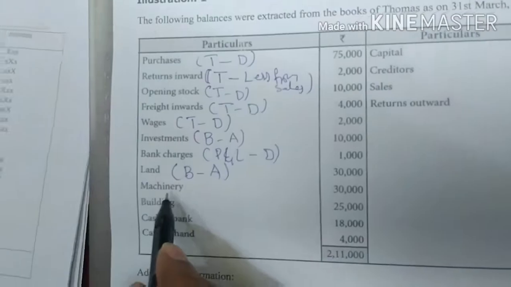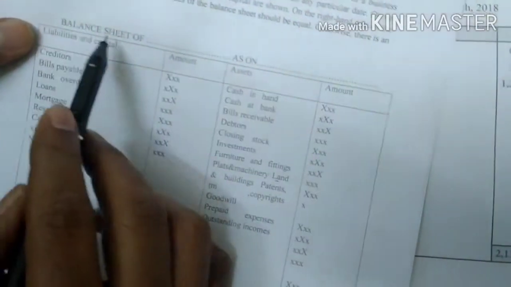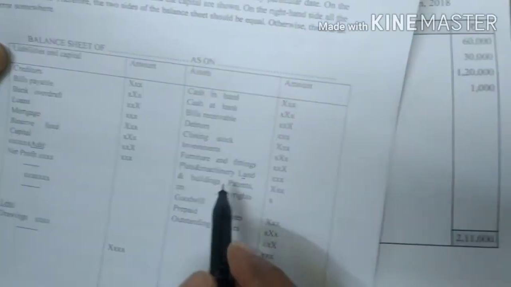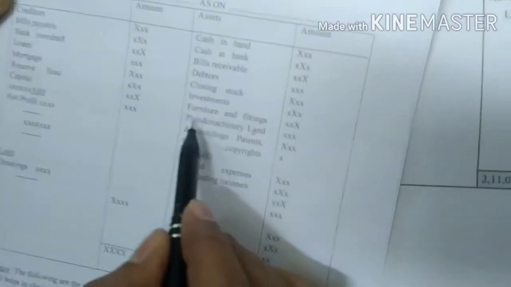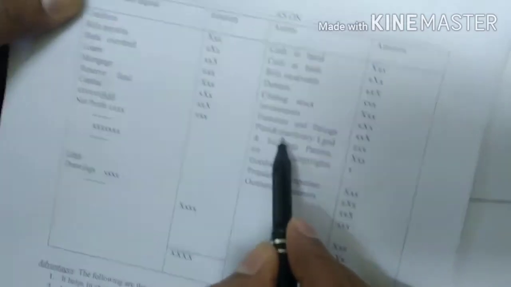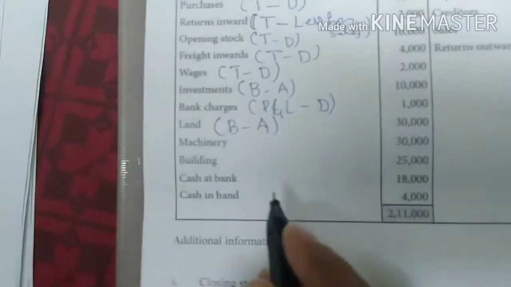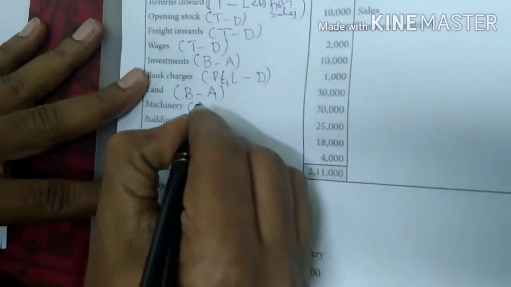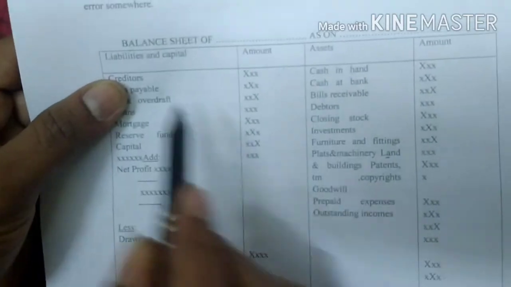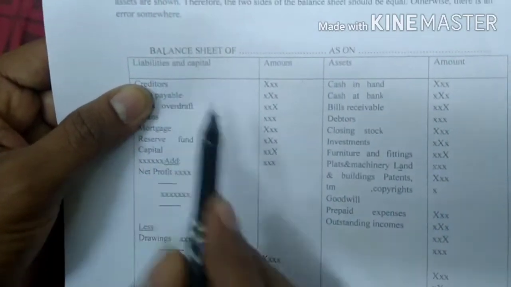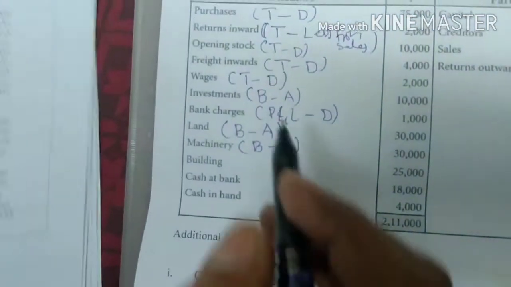Next, machinery. That is also in the balance sheet area, along with furniture and fittings. So machinery is also balance sheet assets. Next, buildings. Even buildings are mentioned on the balance sheet asset side only.